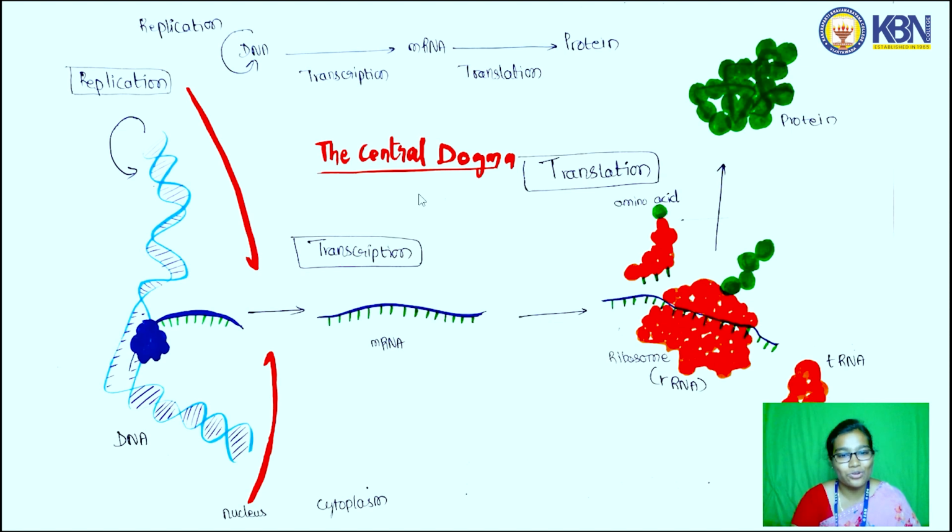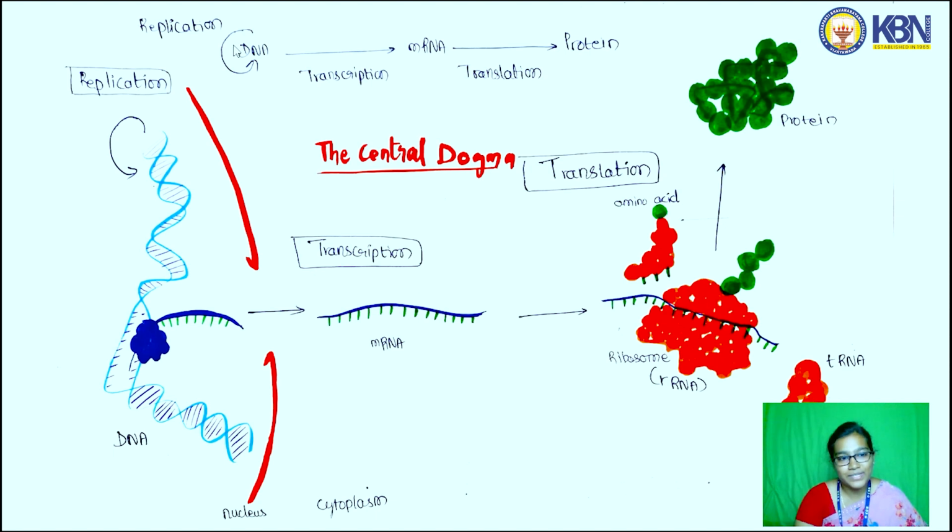So in central dogma, we see two processes, from DNA to mRNA, from mRNA to protein. We call it transcription and translation. There's another concept, because a DNA which exists in the cell, it just not stays like that. It gets passed on to the further cells. Yes.